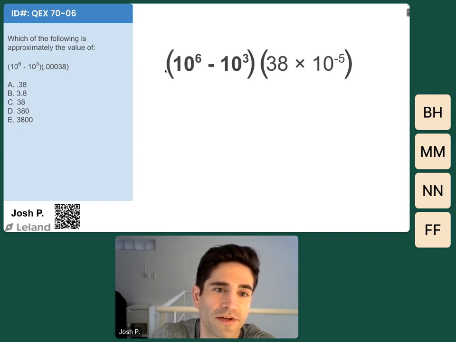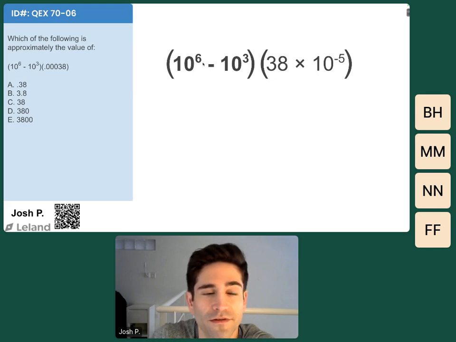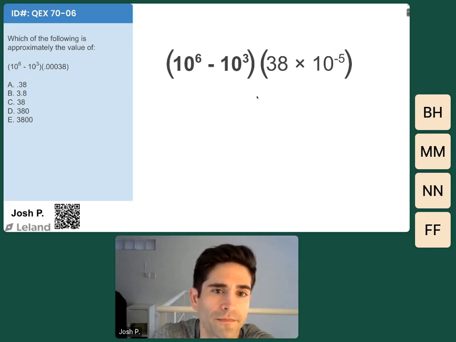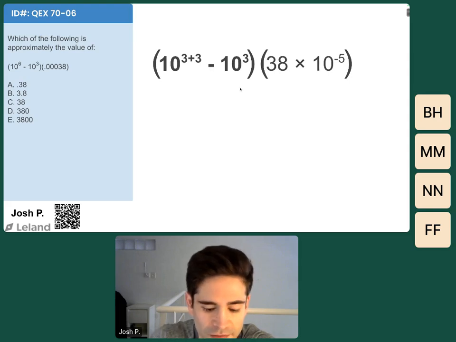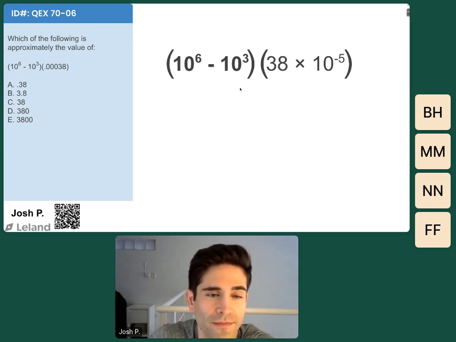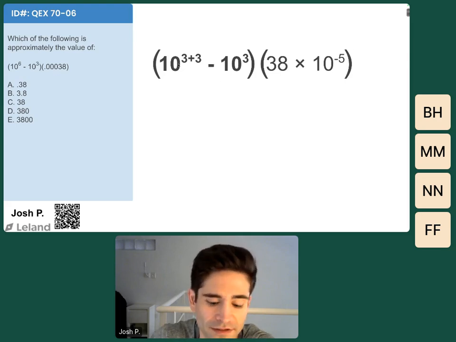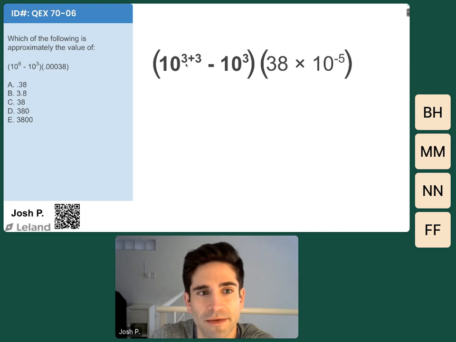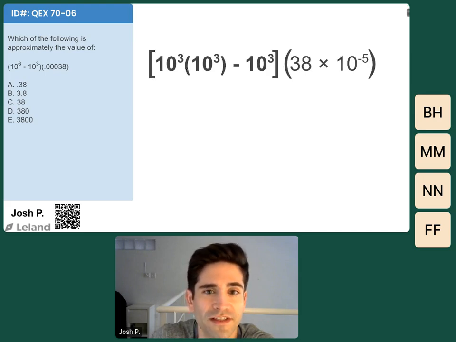Great. Now let's look at this part of the operation: 10 to the sixth minus 10 to the third. Now, what we want to do is make the two terms look as similar as possible. Using the exponent rules, 10 to the sixth is the same as 10 to the 3 plus 3, which is essentially 10 to the third times 10 to the third.